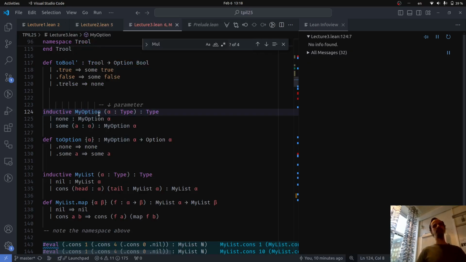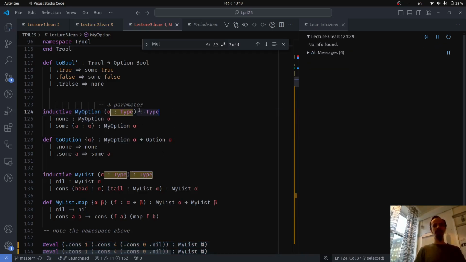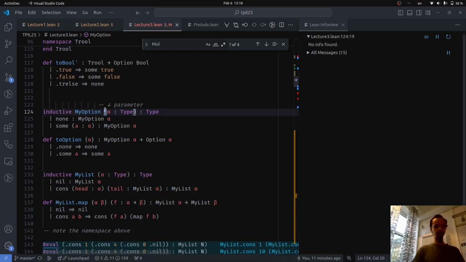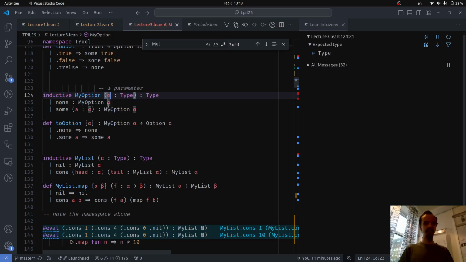Inductive types can have parameters. These go before the colon. You don't have to have the colon here at all, but when you do, the parameters come before the colon. And this is sort of held fixed for everything in the inductive type. So in this case, I'm defining an option type.